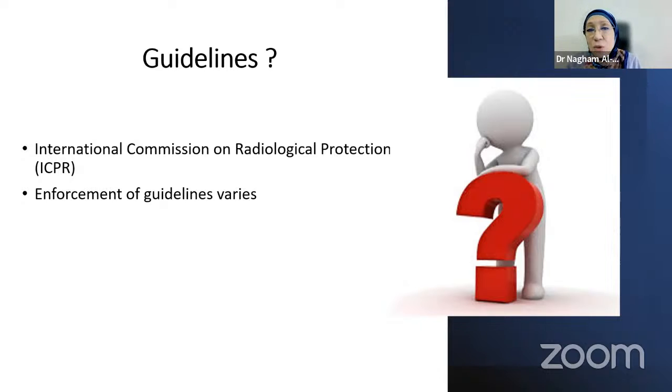But the enforcement of those recommendations varies widely in different countries. For example, in the UK, the use of ionizing radiation in clinical practice is governed by criminal law. So it's something serious. But that's not the case in many other parts of the world. And guidelines continue to be published periodically, but they are not widely embraced.